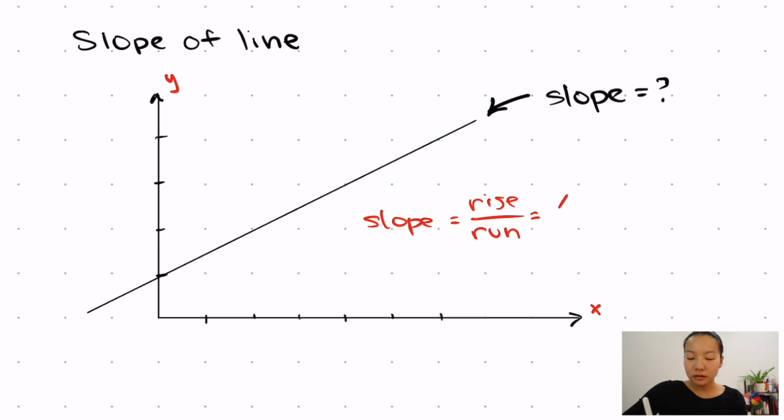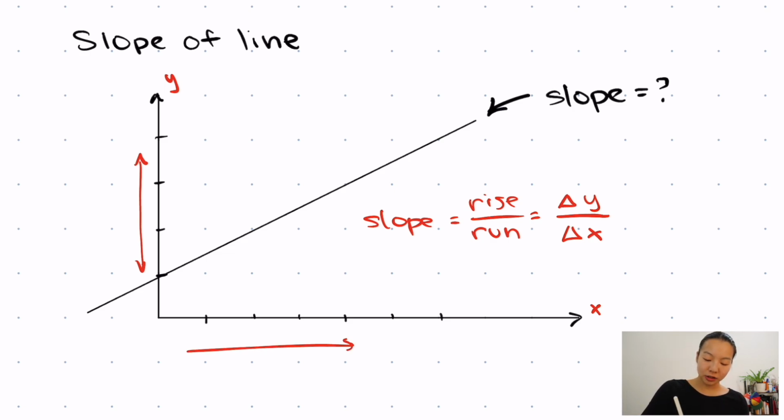I'm going to use this little triangle to signify change. So delta y over delta x means change in y over change in x. What is a change in y? It's basically saying how much change in this axis do we get for some unit of change in this axis.